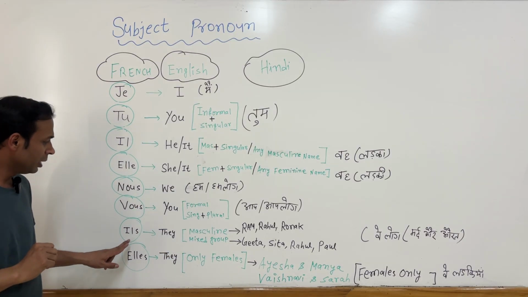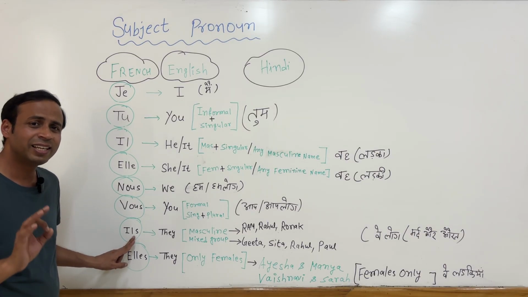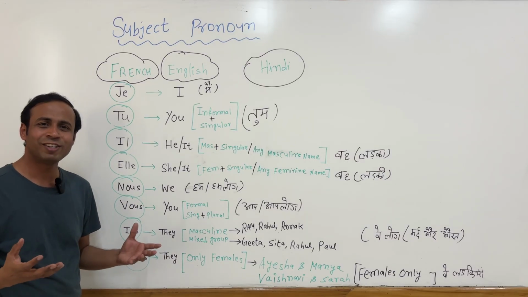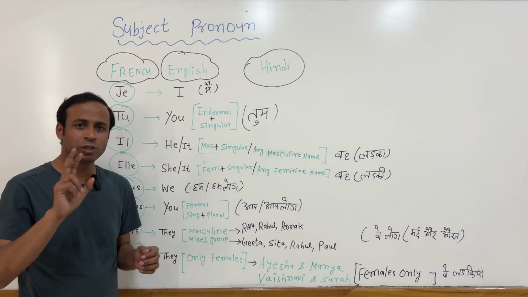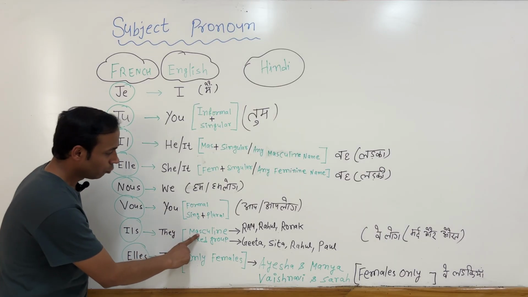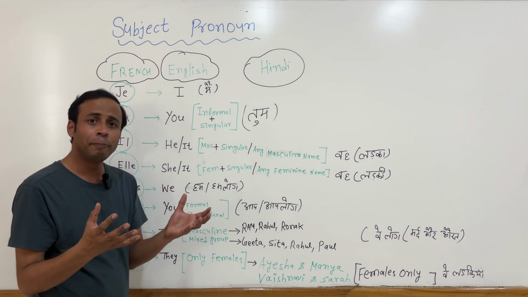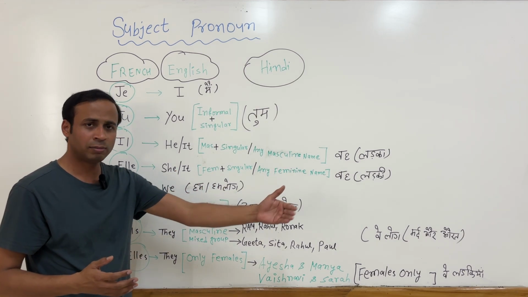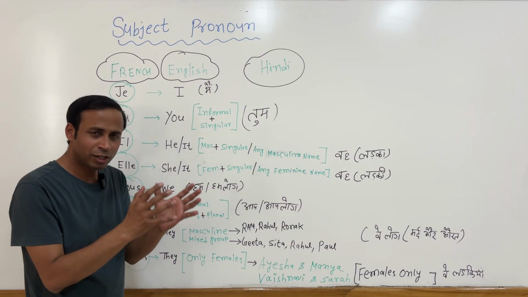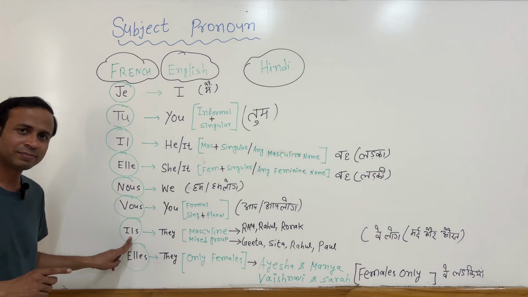Okay. Next is ils, we pronounce it as il. Il. All right. It means they. But what kind of they? There are two things you have to understand. Where we have to use ils, I have written for masculine. For example, if there is a group of males, maybe Ram, Shyam, Rahul, Paul, in one group only males are there, then you have to use ils.